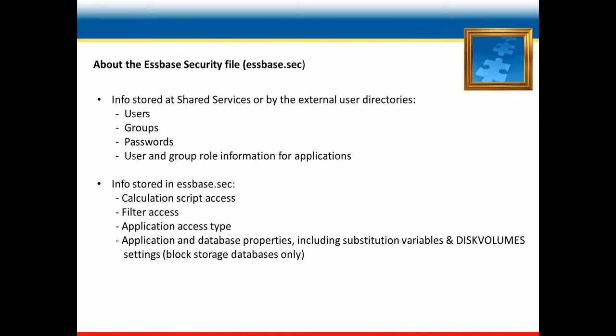As I said, the admin user will be created in the SEC file. This is the core part or heart of the SBase security, the SBase SEC file, and we can think about what all things get stored in it. If we have shared services, some of the data related to security will be in shared services for an SBase application. So we can leverage shared services for users, groups, passwords, and users and group role information for applications. So that is provisioning.